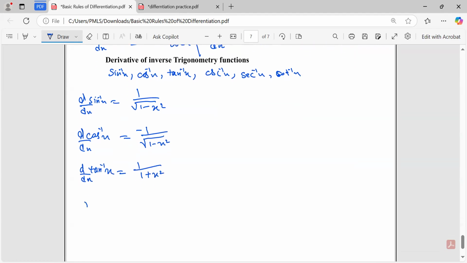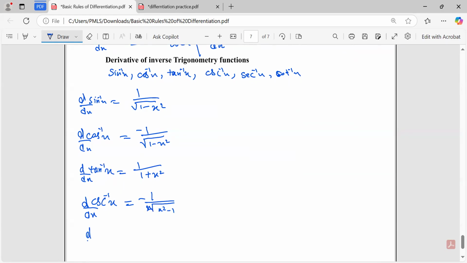And after that, the derivative of cosecant inverse x is equal to minus 1 over x times the square root of x square minus 1.